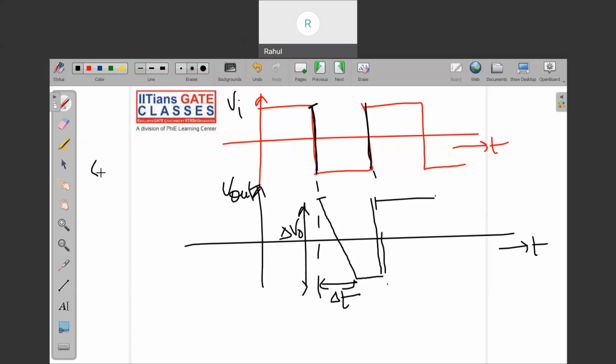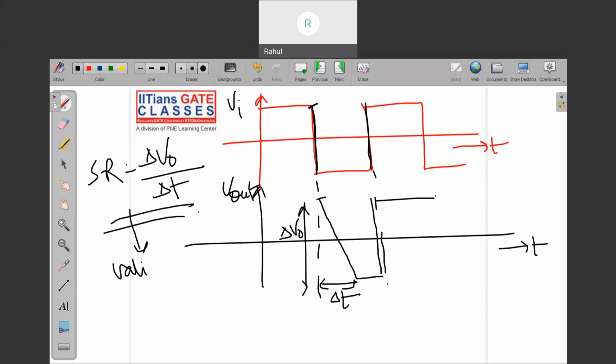So the slew rate can be defined as the change in Vout upon the change in time. This is valid for non-sinusoidal input.